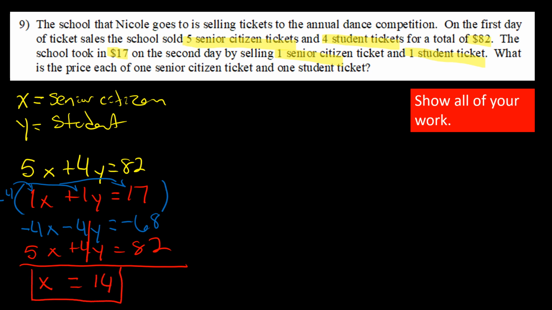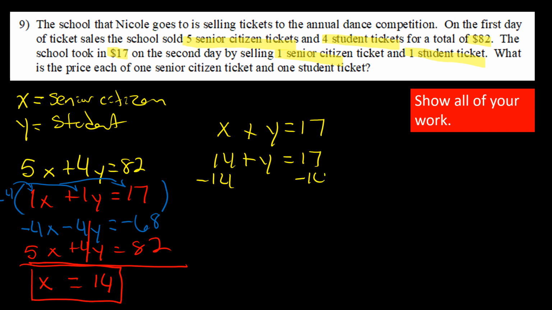So x equals 14. Well, we can take that and we can plug it into that first equation, that 1x plus 1y equals 17. We can say 14 plus y equals 17. Subtract 14. So we get that y equals 3.